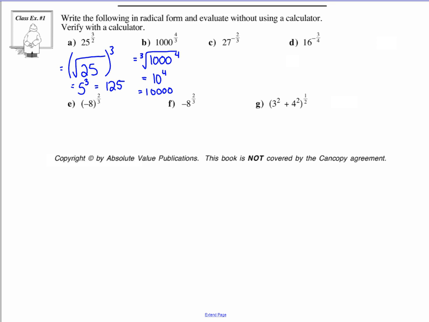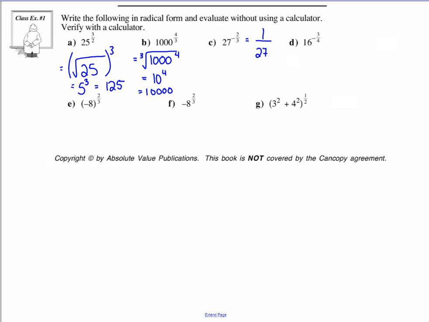All right, let's do something new. Negative exponent. You always want to take care of the negative exponent first. We can't flip the actual exponent. We do want to flip the number, 27. So instead of 27 over 1, we're going to write this as 1 over 27.